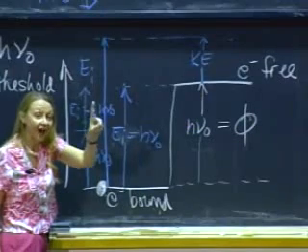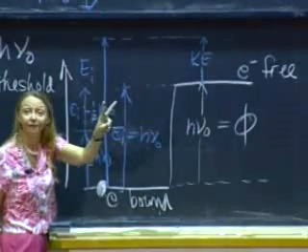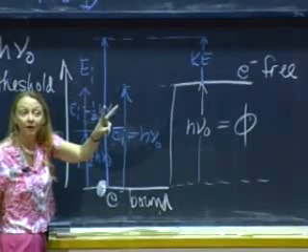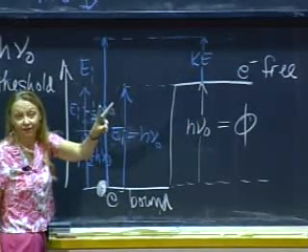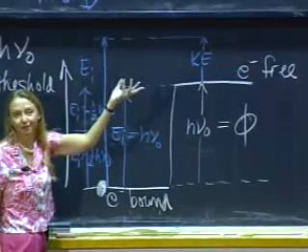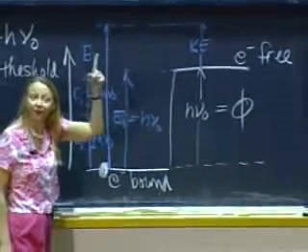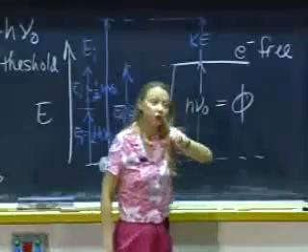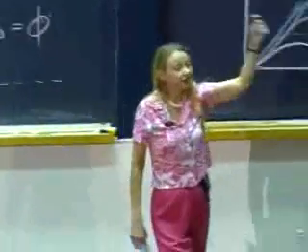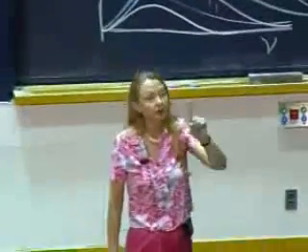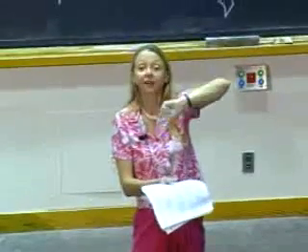I would not get 2 electrons off, even though energetically you would, in principle, be able to get 2 electrons off. But you won't. You'll only get 1 electron off. So whenever you send a photon in, if its energy is equal to or greater than the work function, you'll get an electron off.